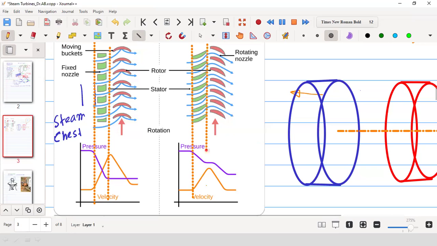Now follow what is happening to pressure and velocity. Let us try to see.